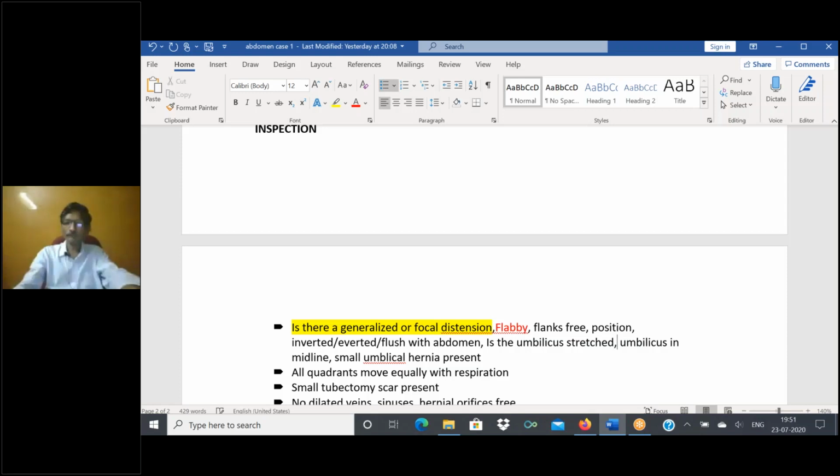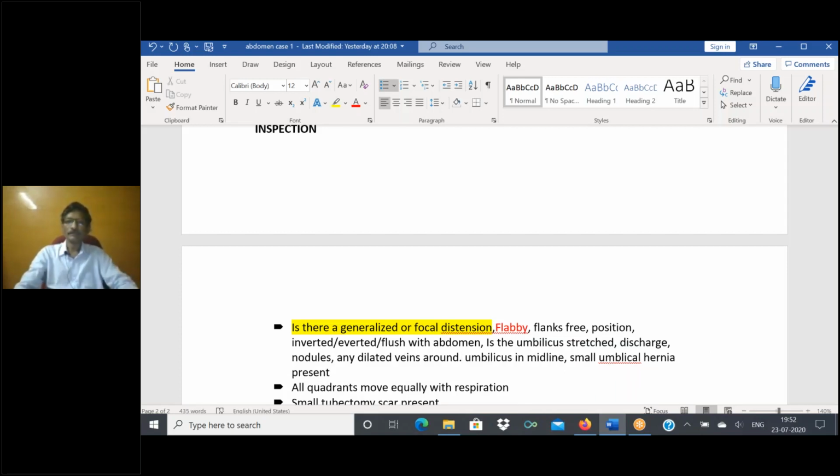Okay. Then any discharges, any nodules, any dilated veins around. Okay. So umbilicus description is important.